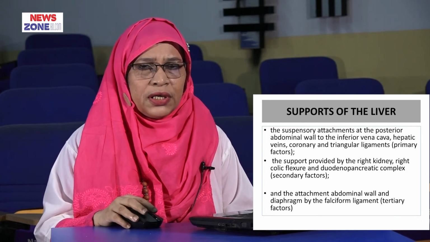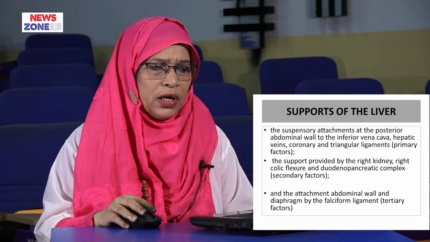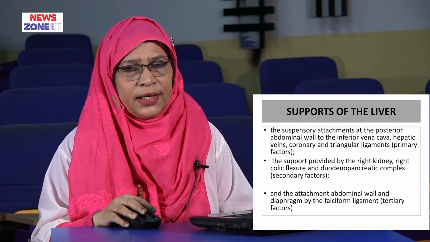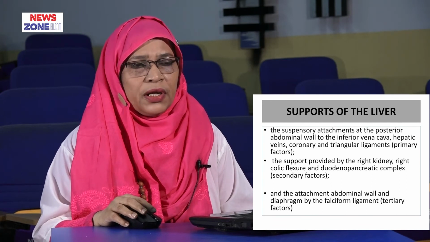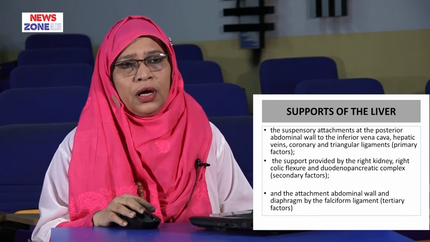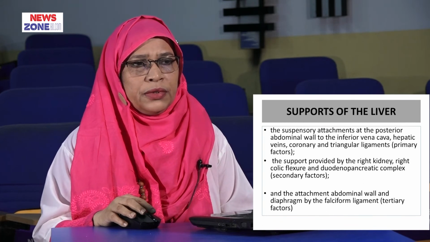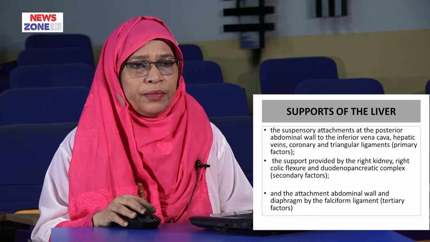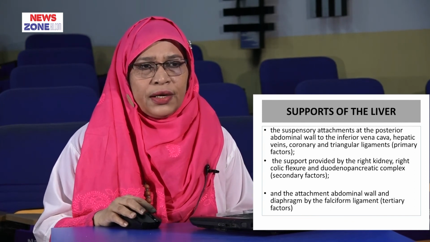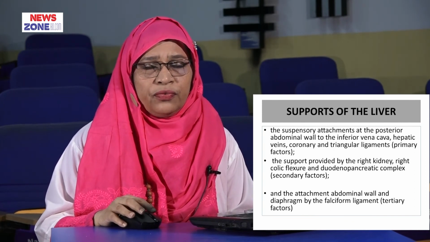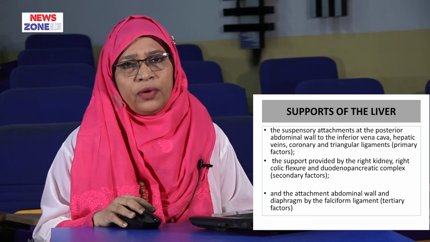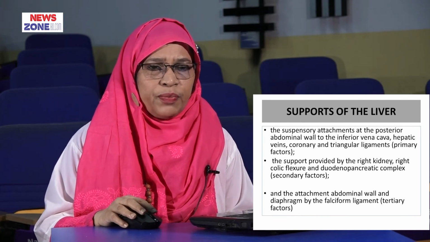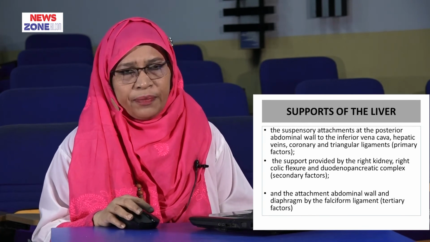And the third or tertiary factor is the attachment of the liver to the anterior abdominal wall and the diaphragm by the falciform ligament. These different factors are surgically important for understanding the pathophysiology of blunt trauma of the liver, and also they support the transplanted liver graft.